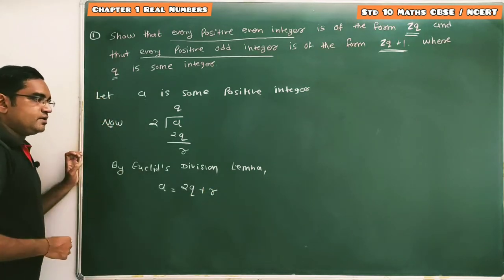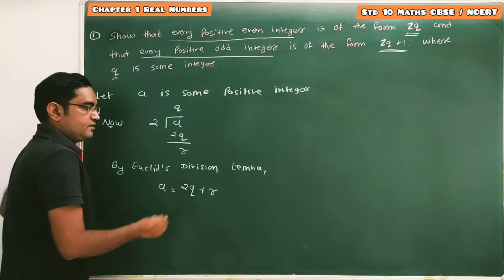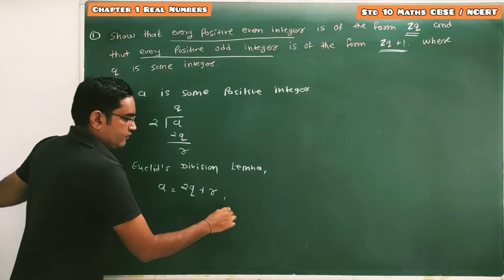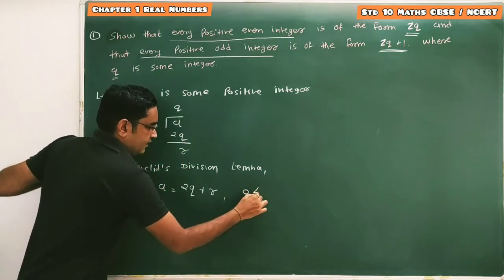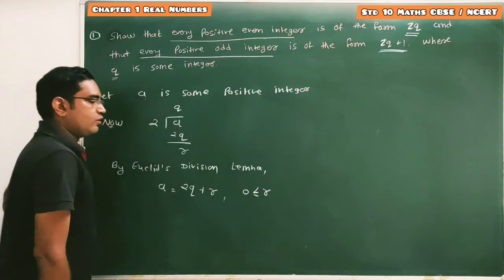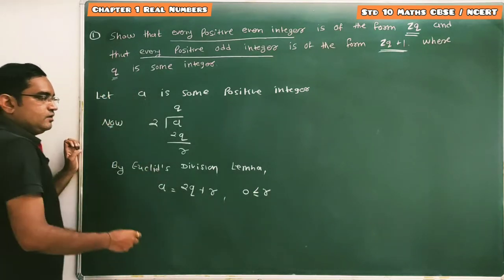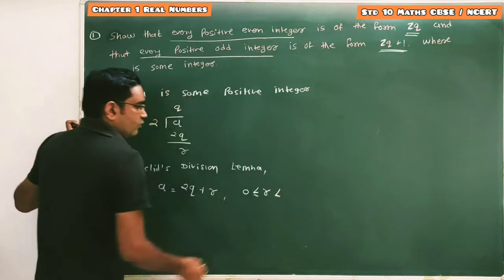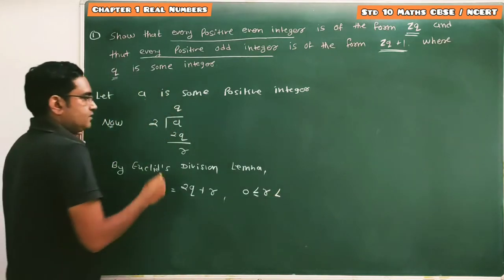This is Euclid's division lemma, which says that this remainder r is always greater than or equal to 0, and it is always less than this divisor.